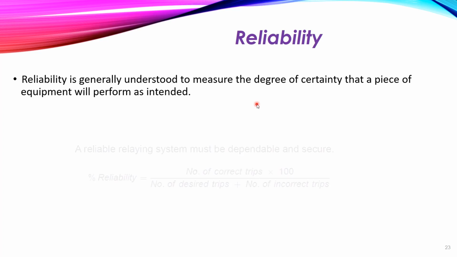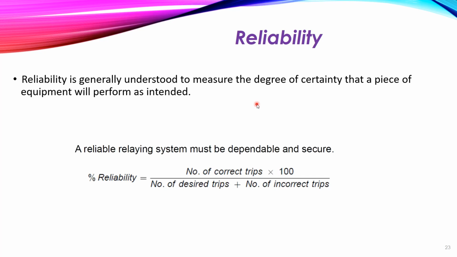So a reliable relaying system must be dependable and secure. It should have the characteristics of dependability and security, and we will understand their definitions in the next slide. So under reliability come dependability and security.